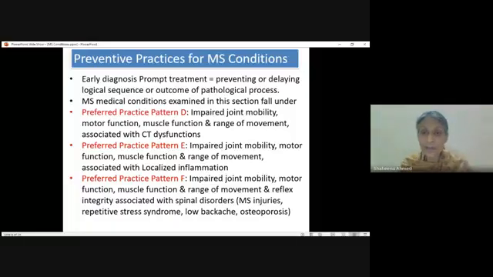So, if there is some sort of spinal disorder, any of those mentioned, then we ask whether the neural pathway specific to a certain reflex is intact. So, we are looking at the reflex integrity associated with spinal disorders.